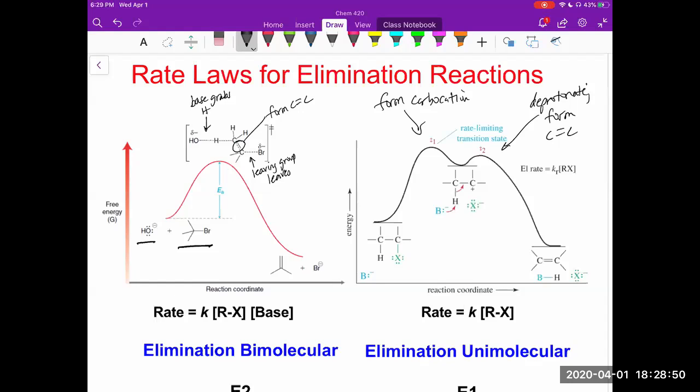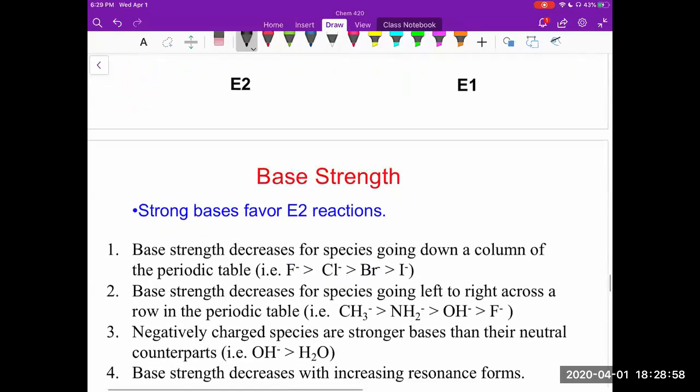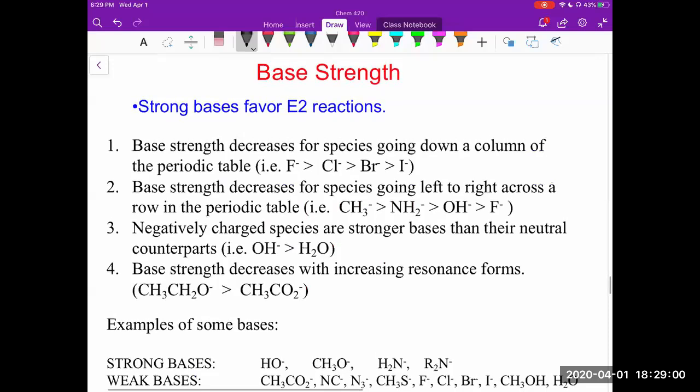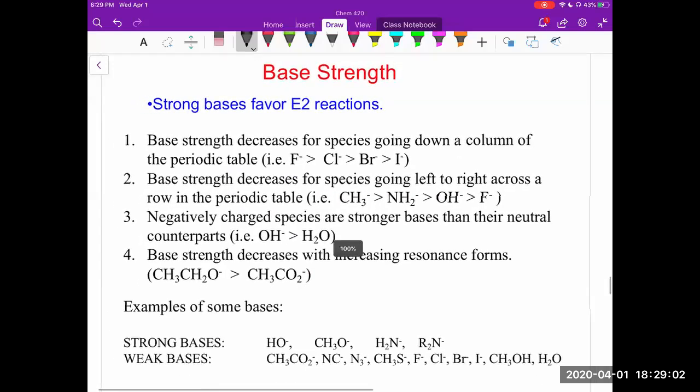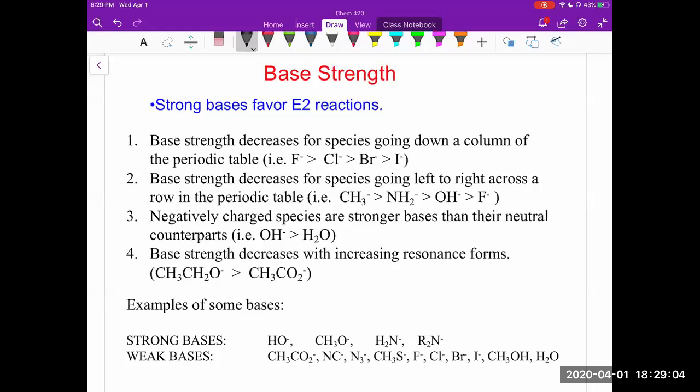All right, so let's go ahead and start talking about some of the particulars of these reactions. So pretty clearly with an elimination, we need a base. Both of them need a base.